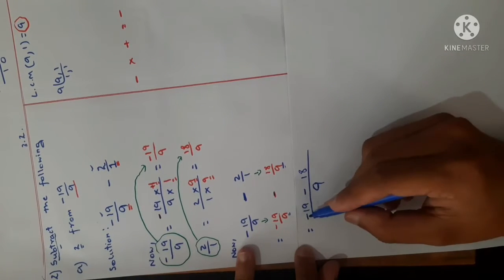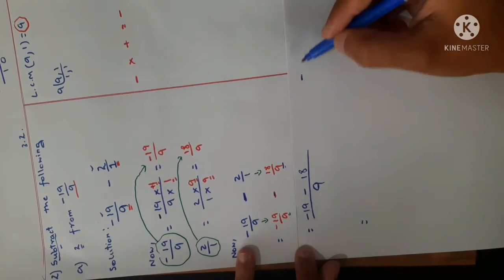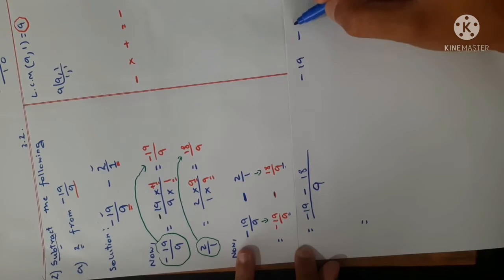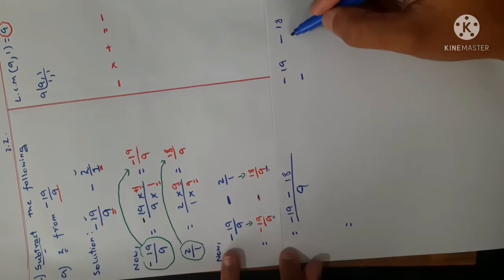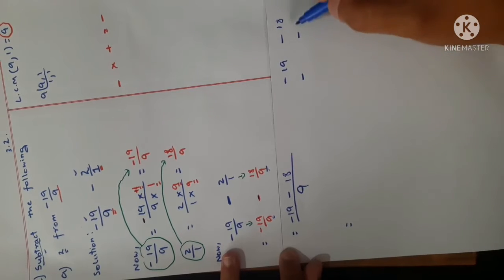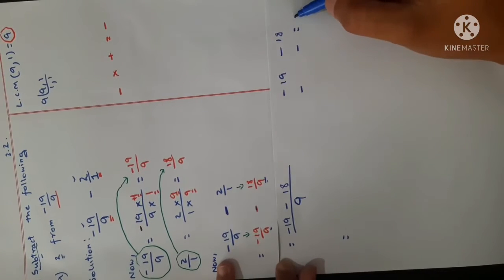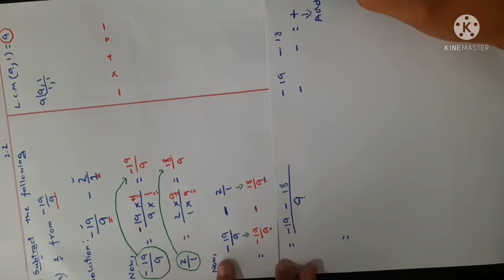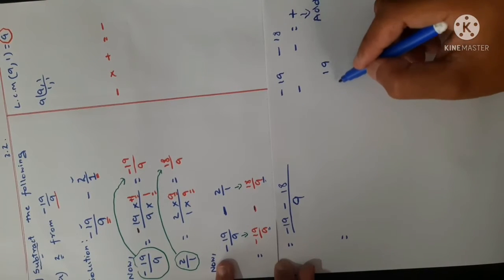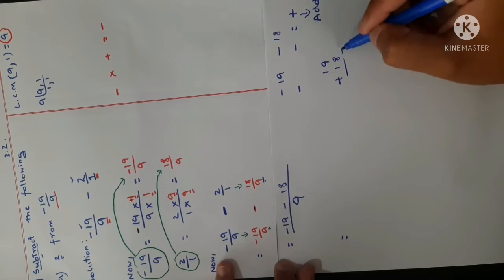This will be equal to minus 19 and minus 18. To solve this, this is a minus, this is a minus sign. So minus minus, we will get plus, isn't it? What does this plus tell us? It tells us that we have to add those two numbers. So 19 plus 18.